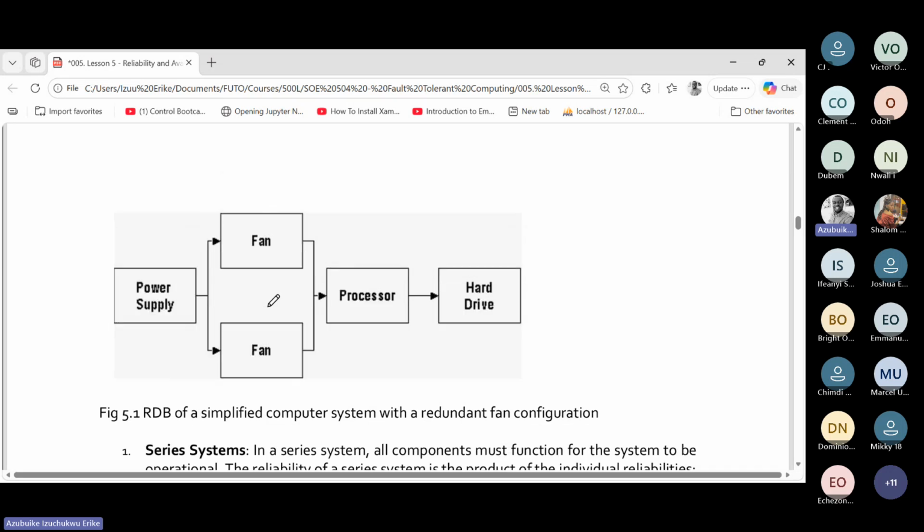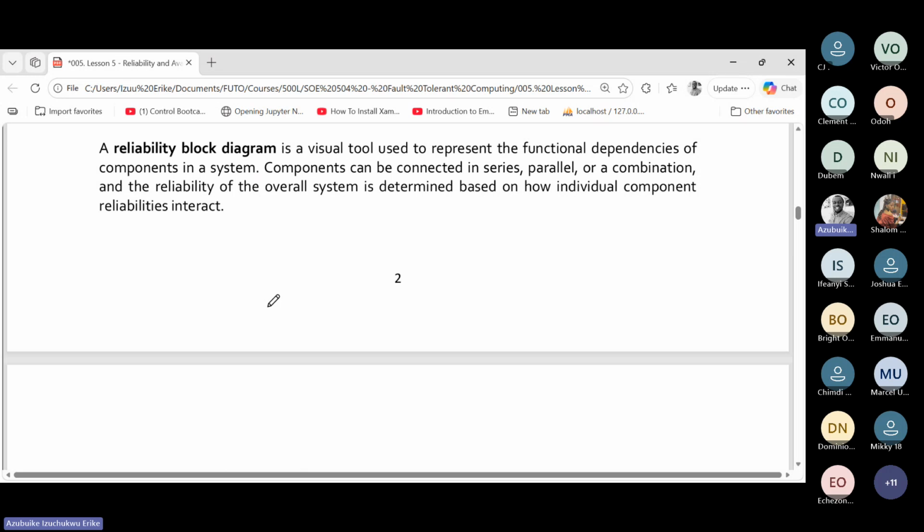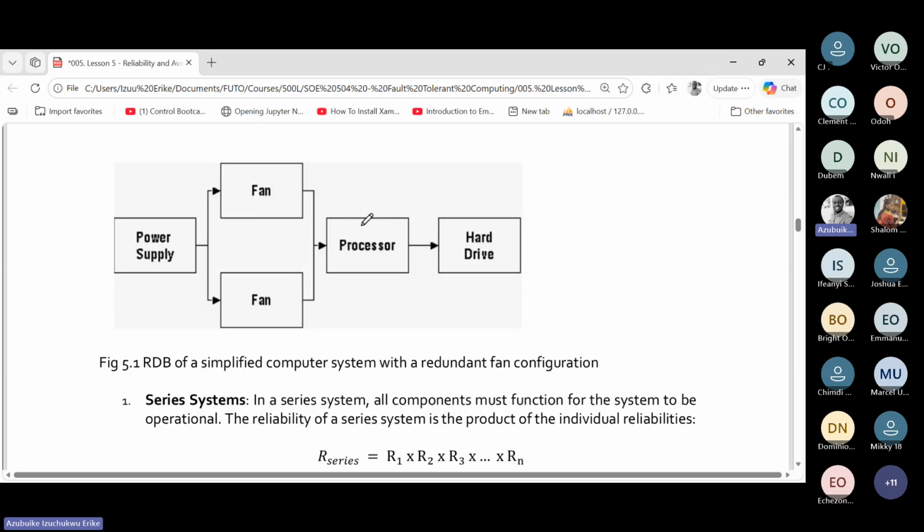So this is building tolerance into the computing system. Now, I've mentioned that this block diagram shows series and parallel, or a combination of both. The example that I gave here is actually a combination, because while the processor and hardware are in series, these two fans are in parallel, and together these two fans are in series with the entire system.